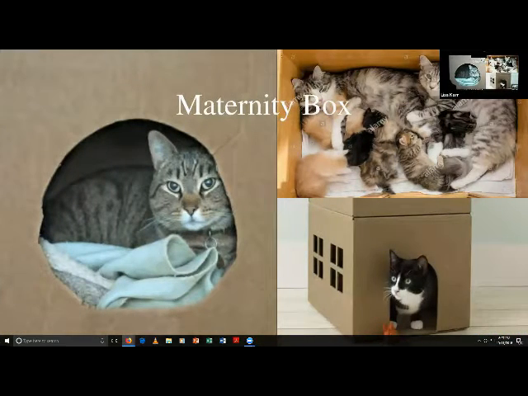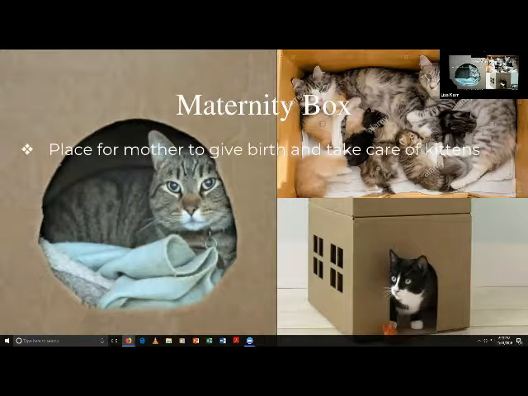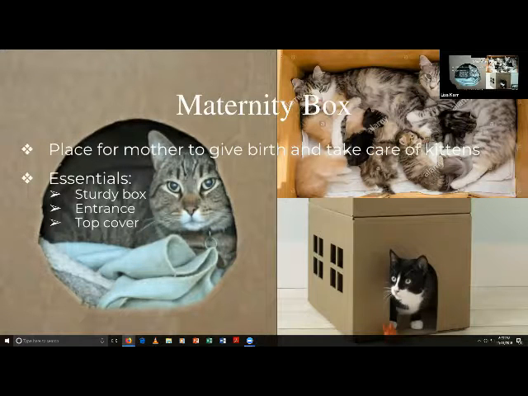Okay, and this is the maternity box that I was showing you. This is a variety. If you have an outside cat, a lot of people will do a cardboard box, or if you want to be really fancy like that top picture, just so it's covered, a place for them to feel like it's their own space, and big enough for her to move around. So a sturdy box with an entrance.